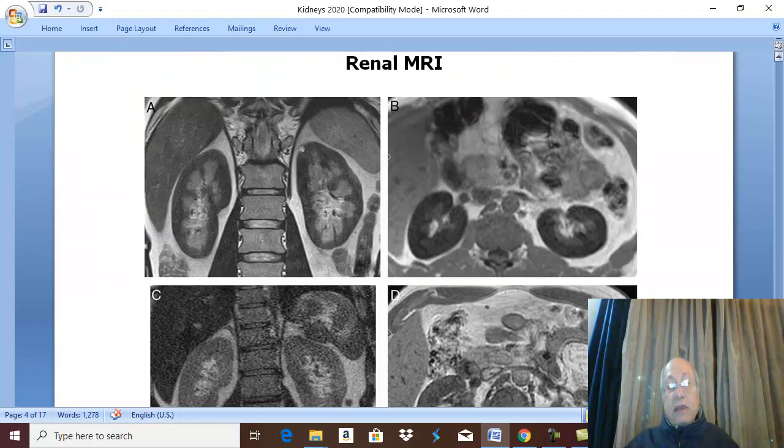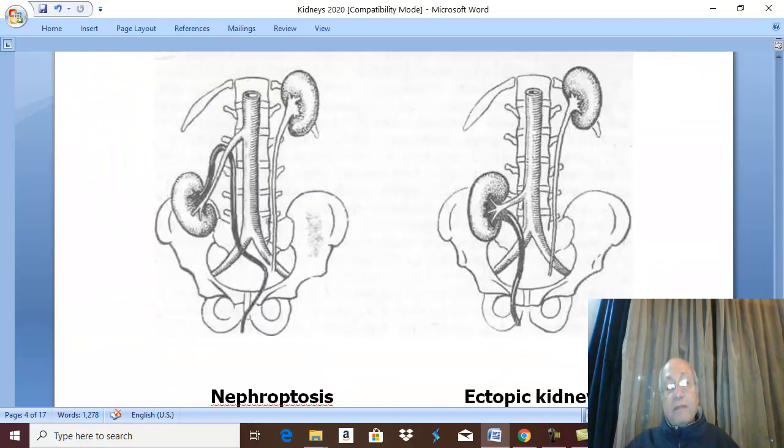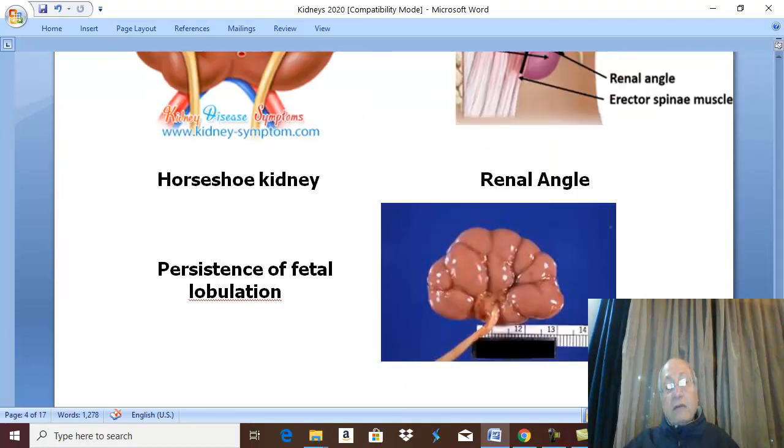In some cases, this occurs: an adult kidney with this. What is this? Persistence of the fetal lobulation. Therefore, the normal kidney has a smooth surface, but if there is persistence of the fetal lobulation, you will find the kidney lobulated like that.